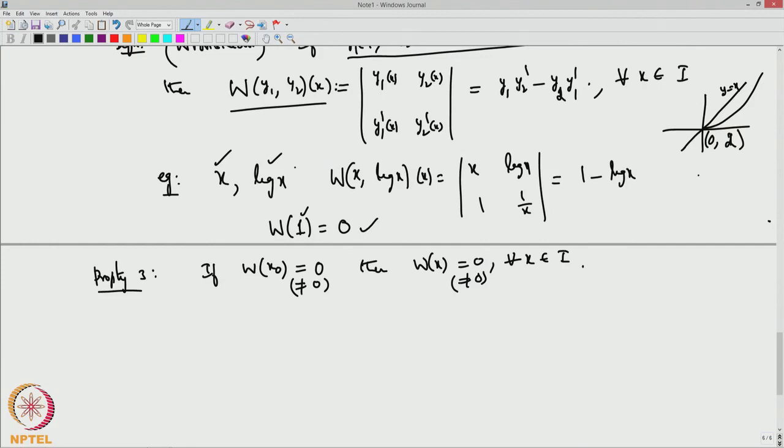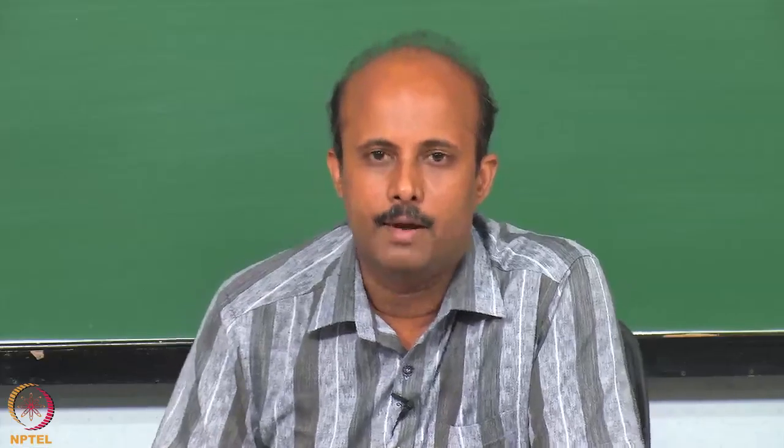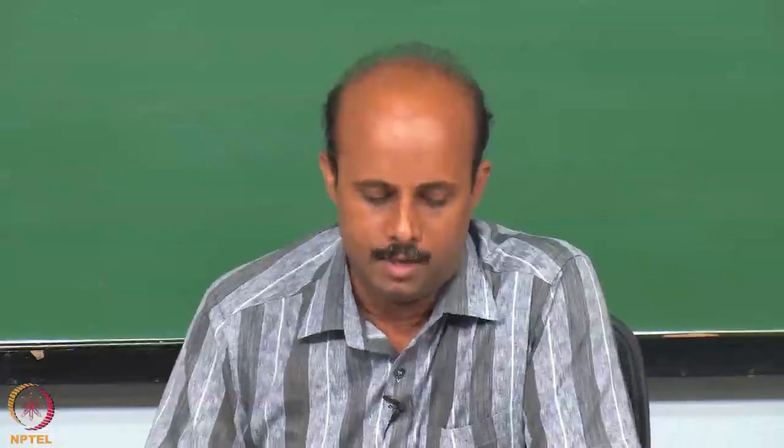So next class we derive Abel's formula, and then we see this property 3. Once the Wronskian is 0 at some point, it is 0 everywhere; once it is non-zero at some point, it is non-zero at every other point. We will see this in the next video.